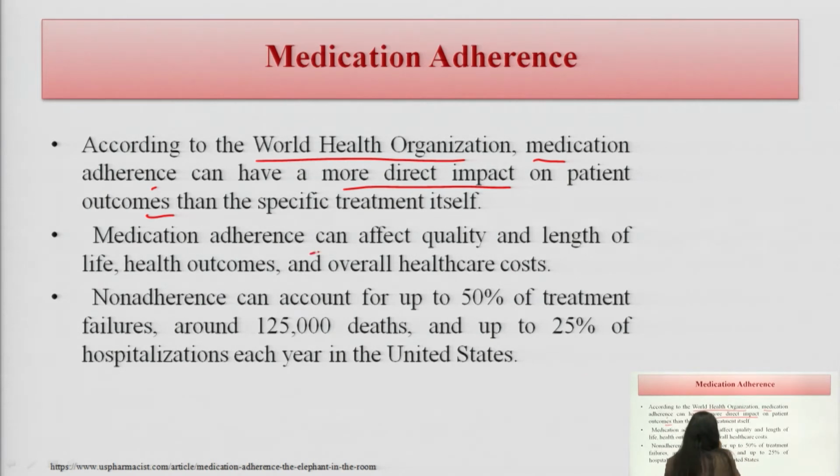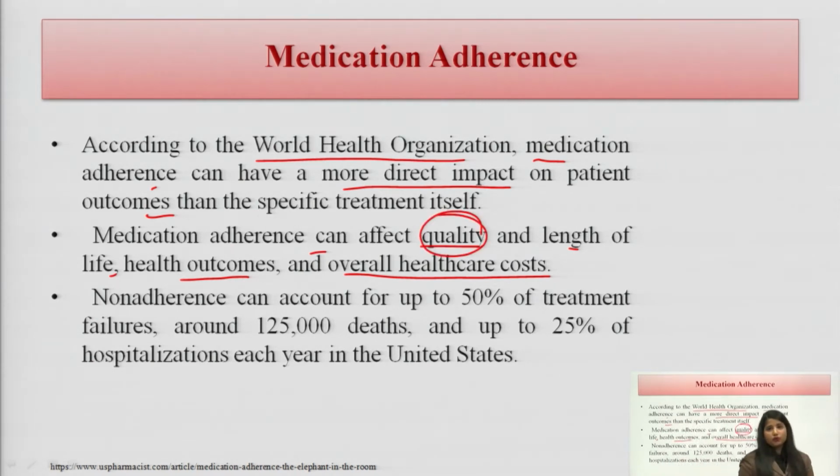Medication adherence can affect the quality and length of life, health outcomes and overall healthcare cost. Of course, if the patient follows the treatment the physician has prescribed, the quality of the treatment will improve.